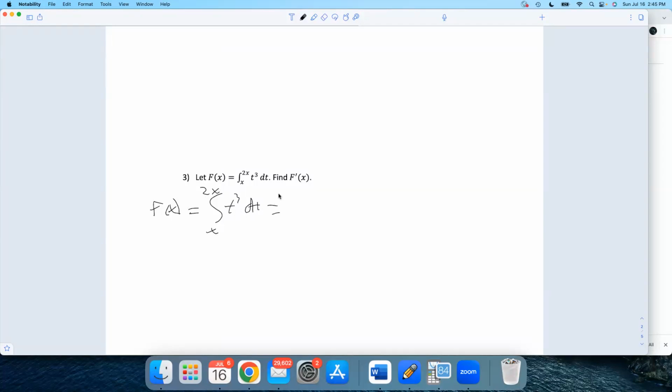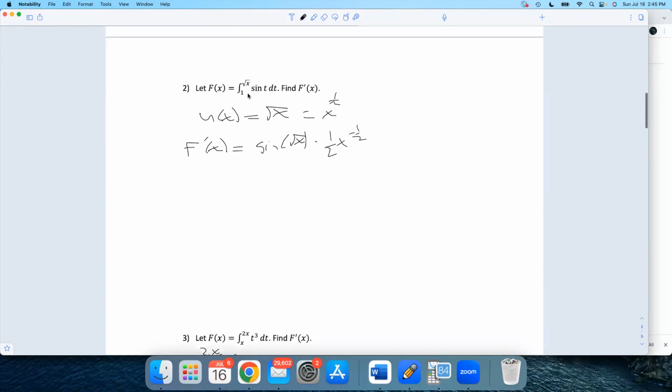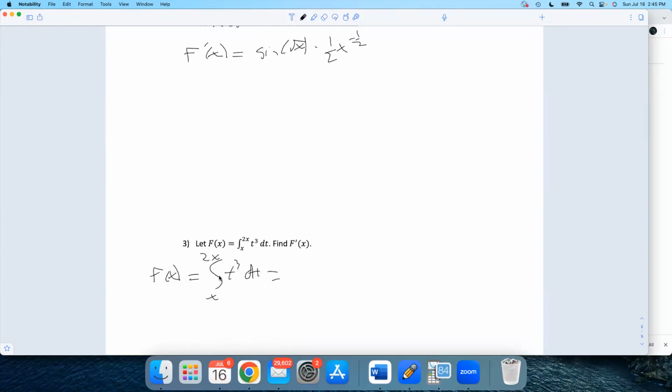I'm going to go through the work of writing this the same way we wrote all the other ones, by splitting this integral up. I'm going to write this as the integral from x to 0 plus the integral from 0 to 2x of t cubed dt.